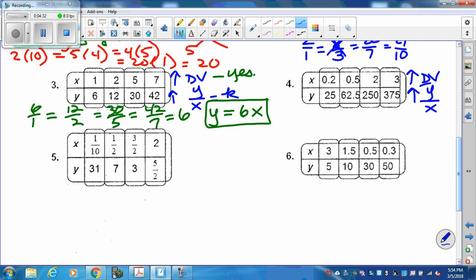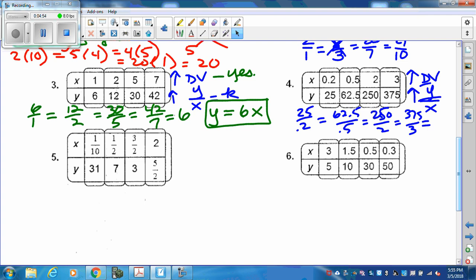With direct, you divide. So I'll take 25 divided by 0.2, 62.5 divided by 0.5, 250 divided by 2, and 375 divided by 3, and see what those are.